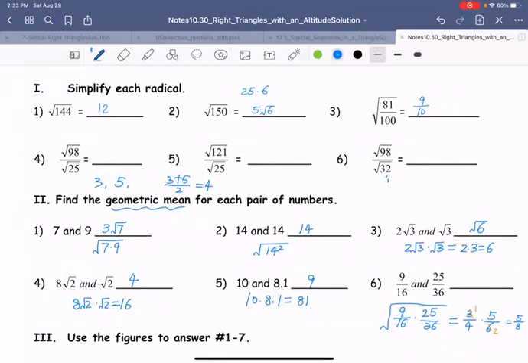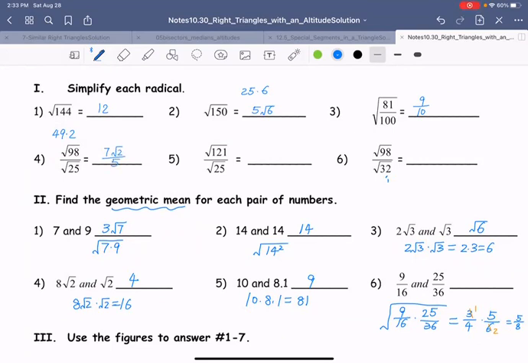Number 4. Who is 98? 49 is 7 squared. So this will be 7 square root of 2 over 5.